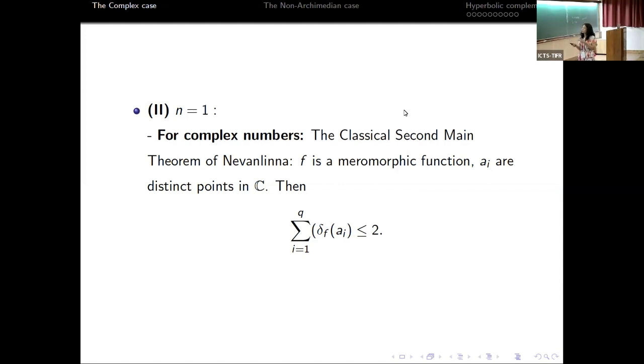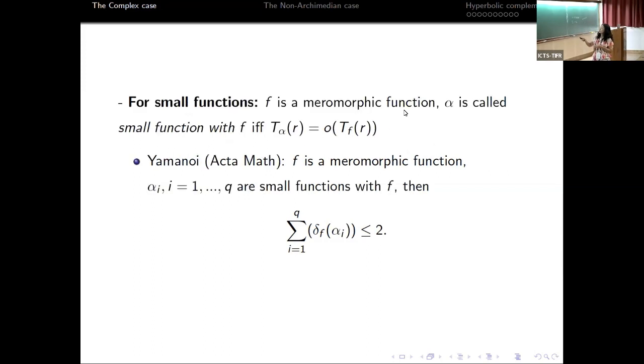So there are several results about that, but no one until 2009, when Yamanoi, a Japanese mathematician, found a very nice result. This is actually quite a hard paper, published in Acta Math and over 60 pages.